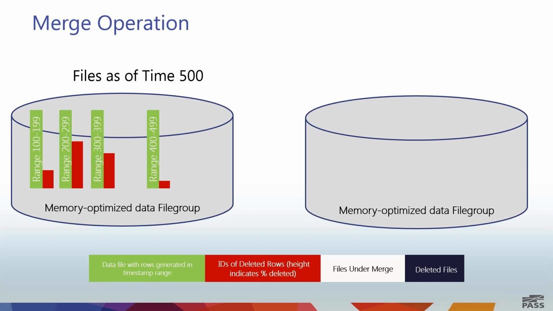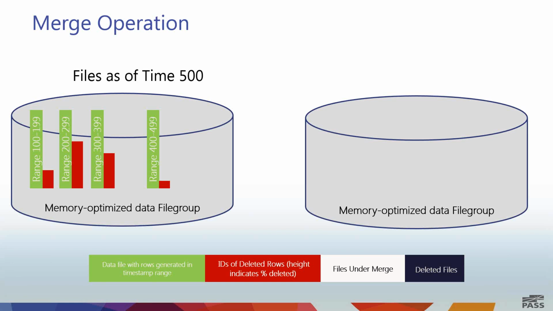The 2 pairs in the middle, the 200-300 and 300-400, are both about half empty, meaning there's this red bar you see. This indicates how many rows are included in the delta files. In the second file pair, about 2/3 of the rows are stale. In the third file pair, about half the rows are stale, and you will want to remove this.